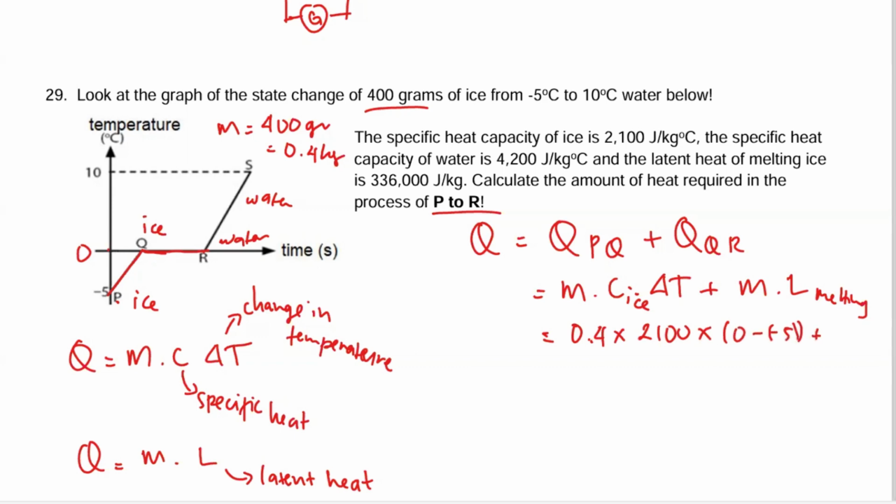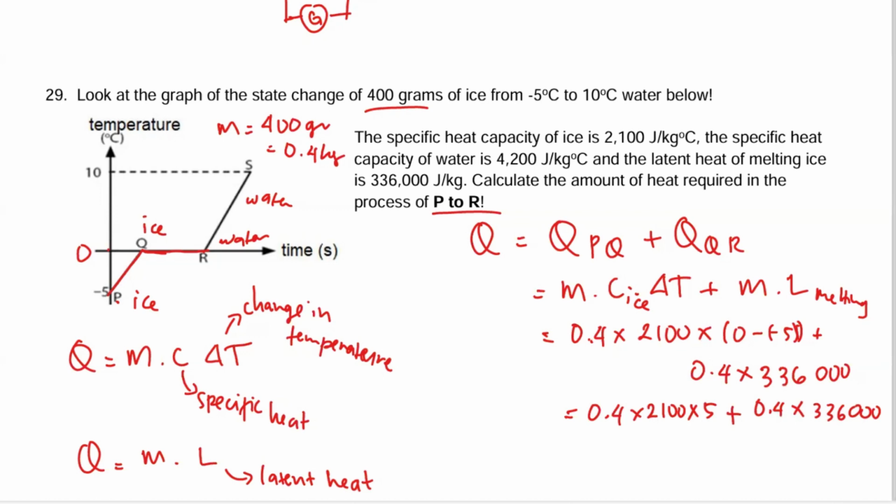And then plus the mass, 0.4 again, times the latent heat of melting, which is 336,000.